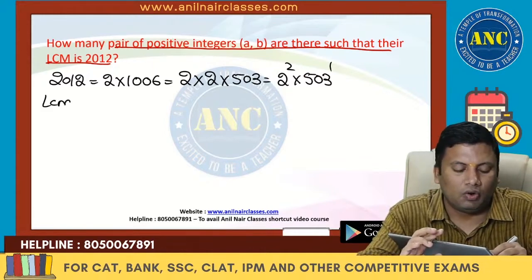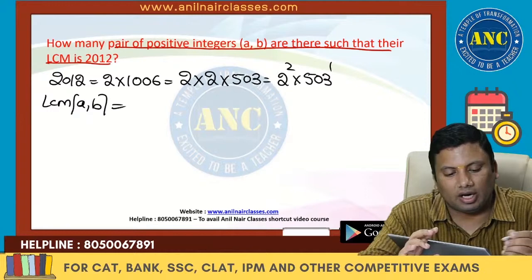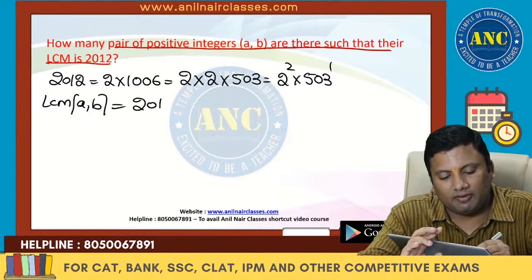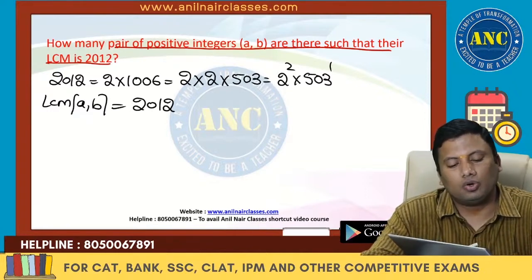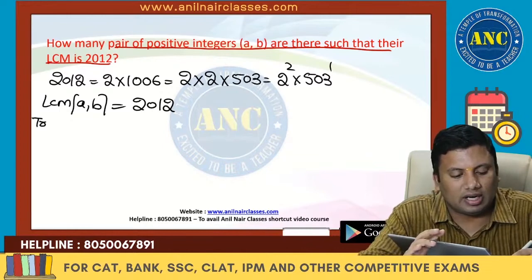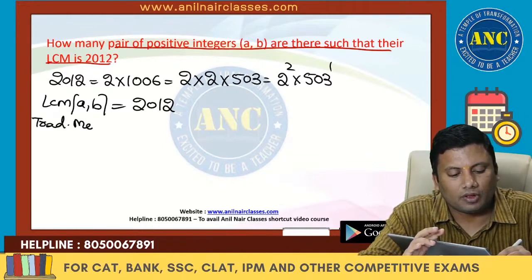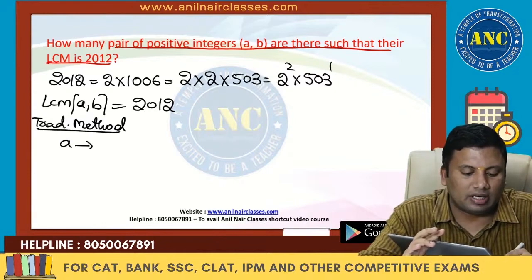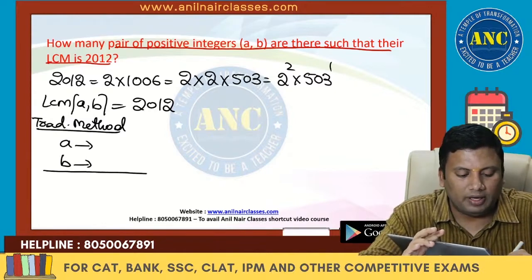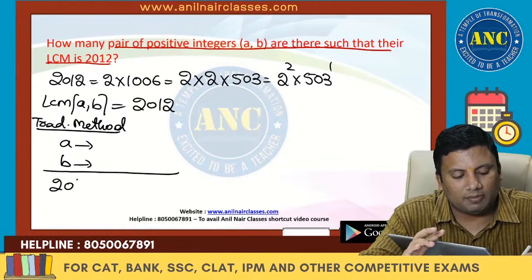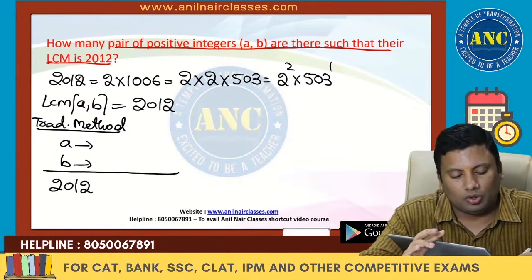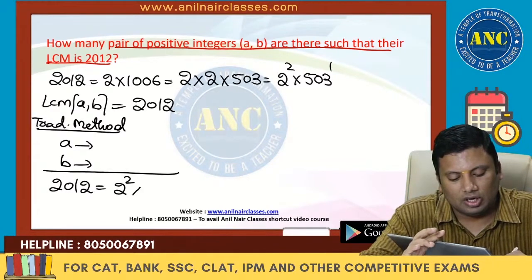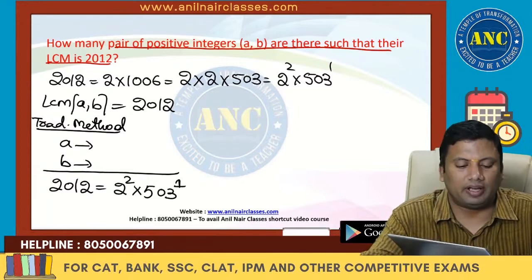I will tell you the traditional method, then I will tell you an optimal method. LCM of A comma B is 2012. One is the traditional method. In the traditional method, A we don't know, B we don't know, but the LCM of A comma B is 2012, which is 2 square into 503.